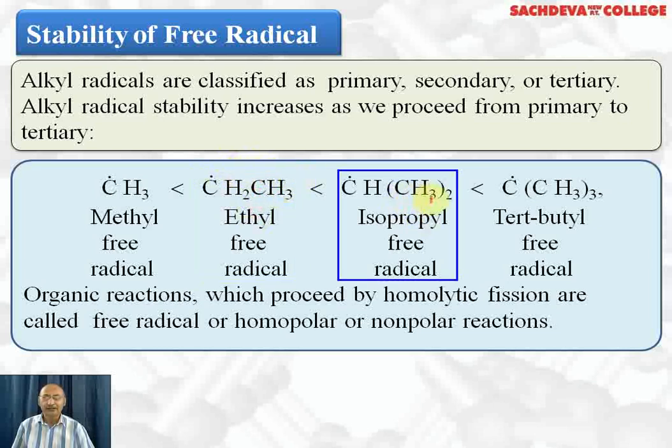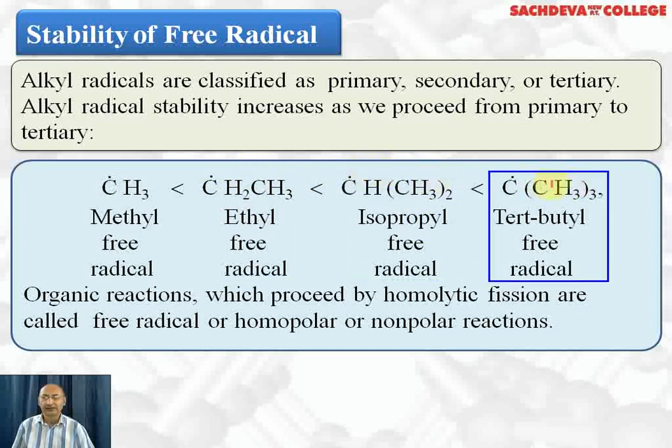Isopropyl free radical has two methyl groups which can reduce the electron deficiency of this carbon. And tertiary butyl radical is more stable because there are three methyl groups which can reduce the electron deficiency of this carbon, meaning they stabilize this carbon. So tertiary butyl free radical is most stable, methyl free radical is least stable.